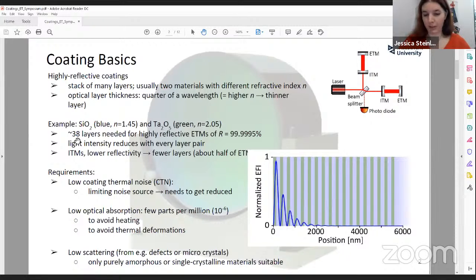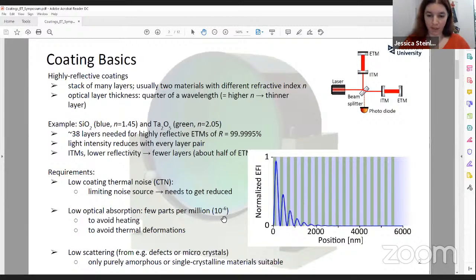The problem is actually that the materials we are selecting here need to have low coating thermal noise. I will go into a bit more detail on that soon. But we also need low optical absorption, only a few parts per million, maybe even less, to avoid heating of the mirrors and thermal deformations.